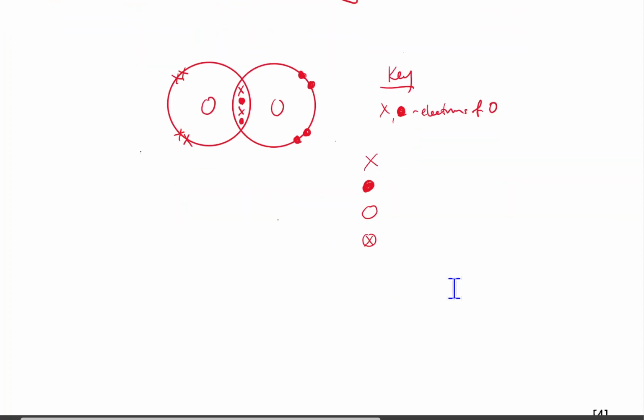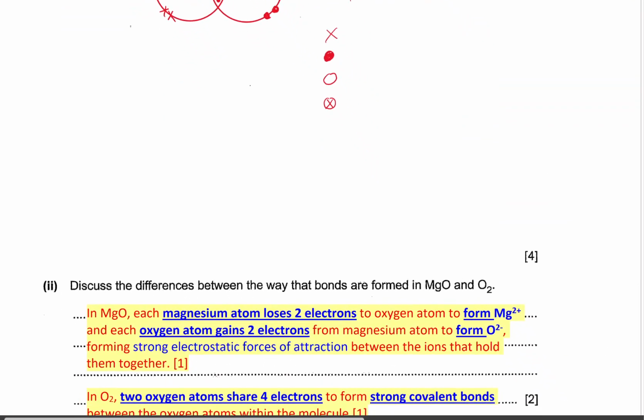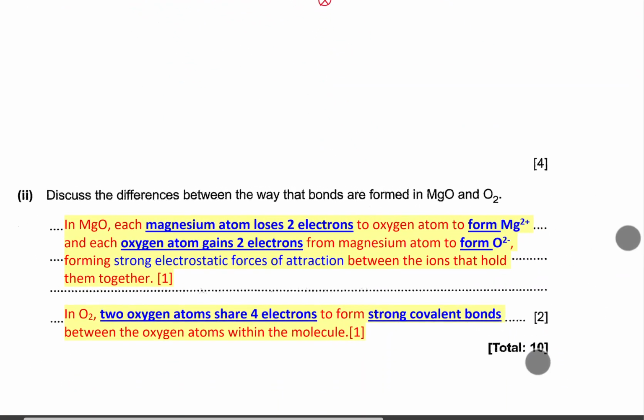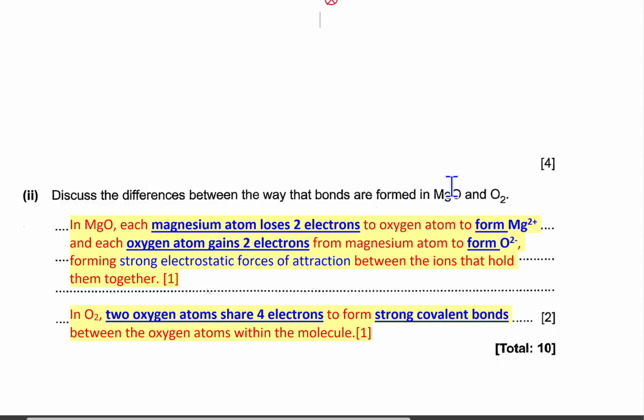Alright? Now, discuss the difference between the way the bonds are formed in MgO and O2. How are they formed? Instead of talking about a property which you can regurgitate, this is a slightly more difficult question: differences between the way the bonds are formed. So first of all, in MgO, each magnesium loses 2 electrons to oxygen atoms, so they can form Mg2+.